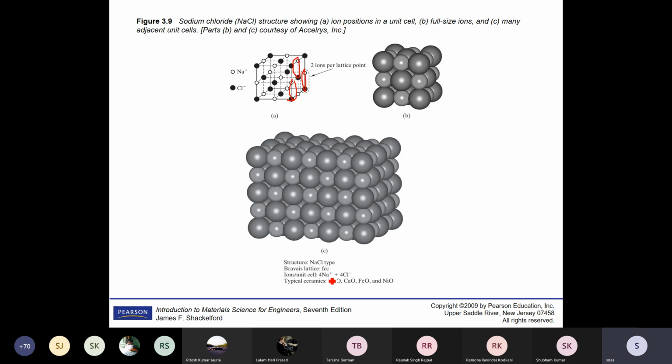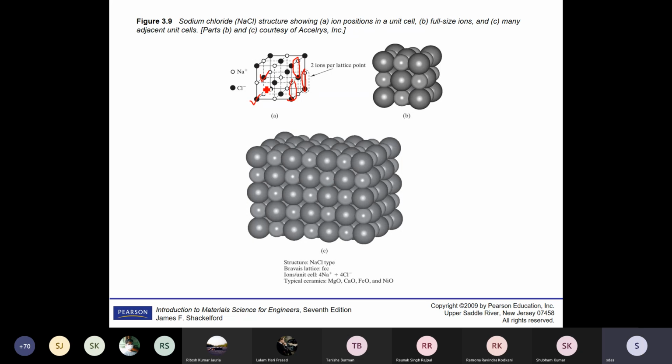Instead of 4 atoms per unit cell, you have 4 sodium ions as well as 4 chlorine ions per unit cell, because 1 sodium ion, 1 chlorine ion make a pair, and each pair is assigned to either a corner position or a face-centered position.